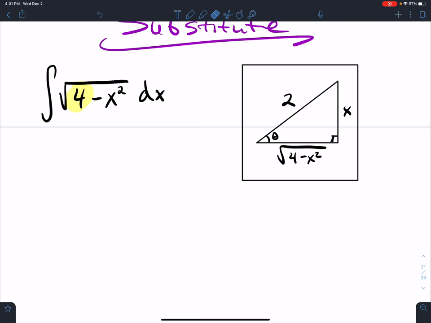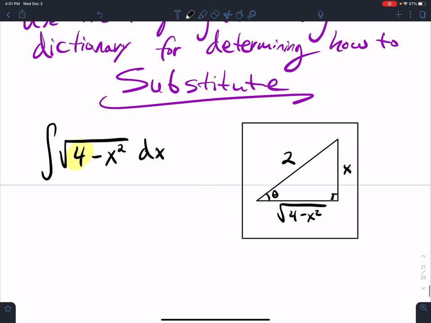Let's use trig to make our substitutions. How can I get rid of this square root? Well, I can use trig. What trig relates me to the square root of 4 minus x squared? If I do the cosine, maybe we need to do a review of trig real quick. So let's think back to pre-cal.